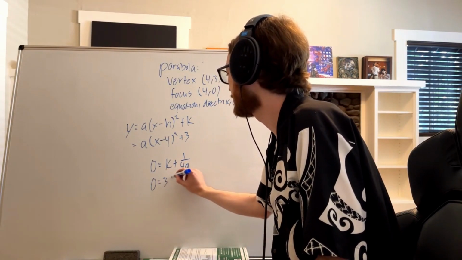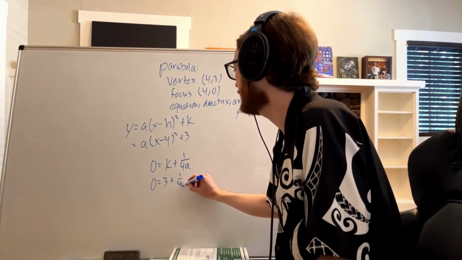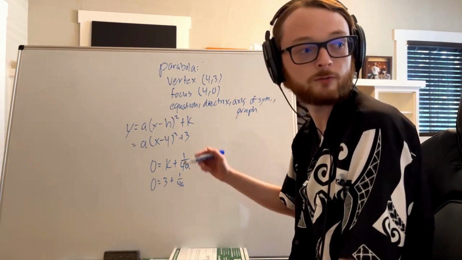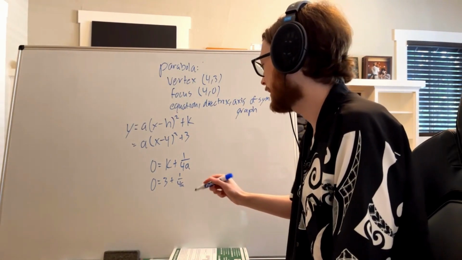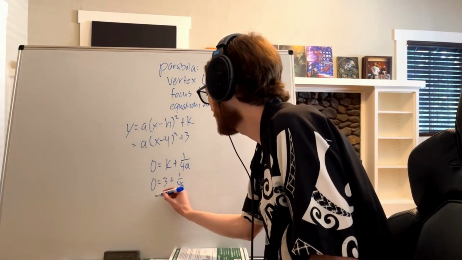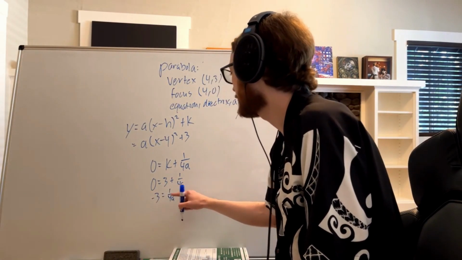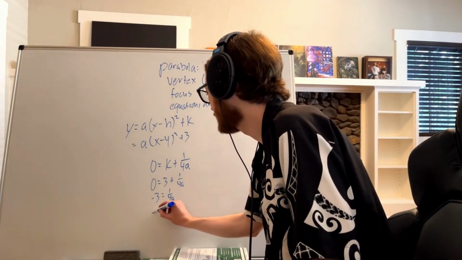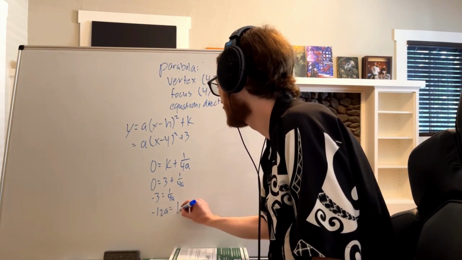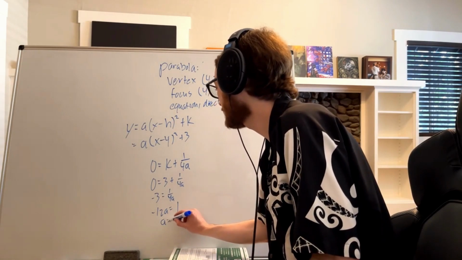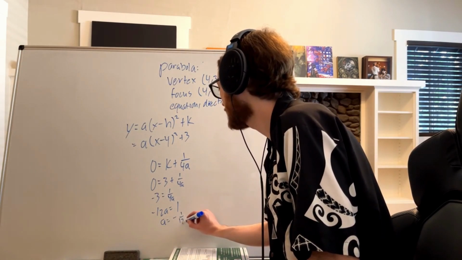So 0 is equal to 3 plus 1 over 4a. Now we just solve this equation for a. So I'm going to subtract 3 from each side, multiply by 4a, and then divide by -12 to get a is -1 over 12.